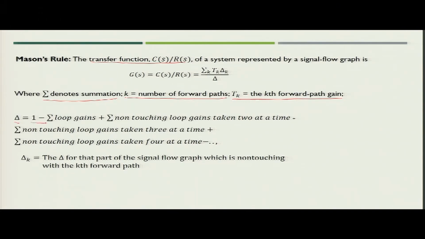Delta is 1 minus the summation of individual loop gains, plus the summation of non-touching loop gains taken 2 at a time, minus the summation of non-touching loop gains taken 3 at a time, plus the summation of non-touching loop gains taken 4 at a time, and so on. So, delta gives you the individual loop gains as well as the non-touching loop gains taken 2, 3, or 4 at a time.